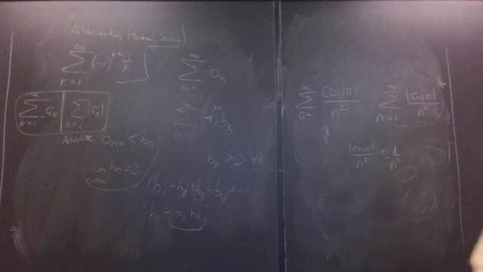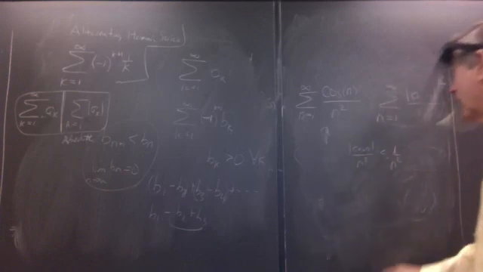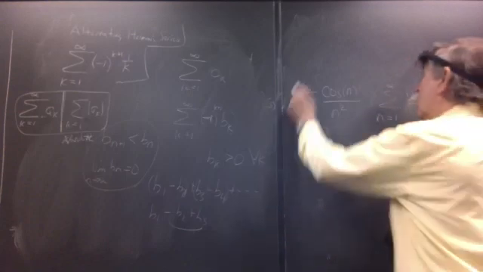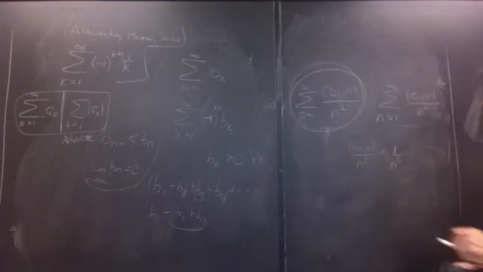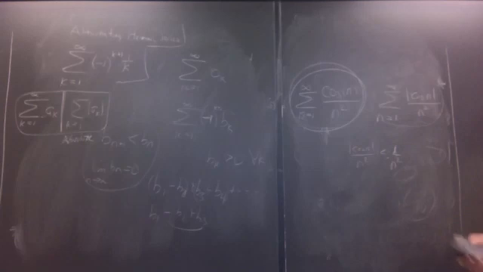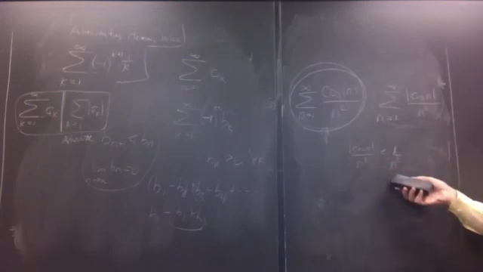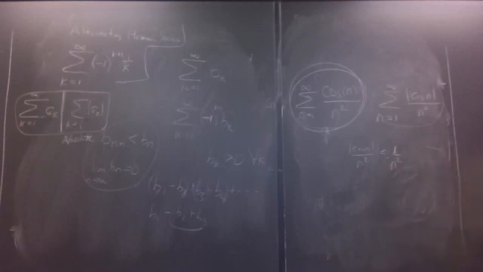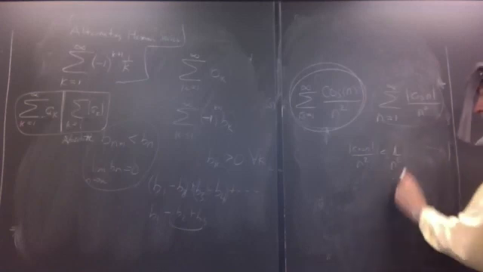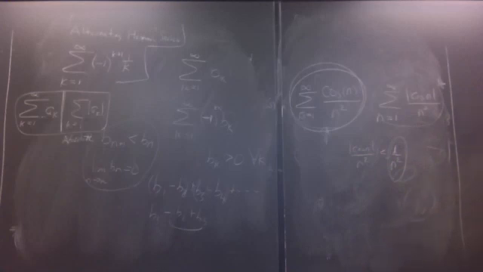Now, let's review a bit. What did I just do to show this series cosine n over n squared converges? First of all, I changed to the absolute value because I just learned that. And then I compared it. But I had to have a second series to compare with that I knew the answer to already.